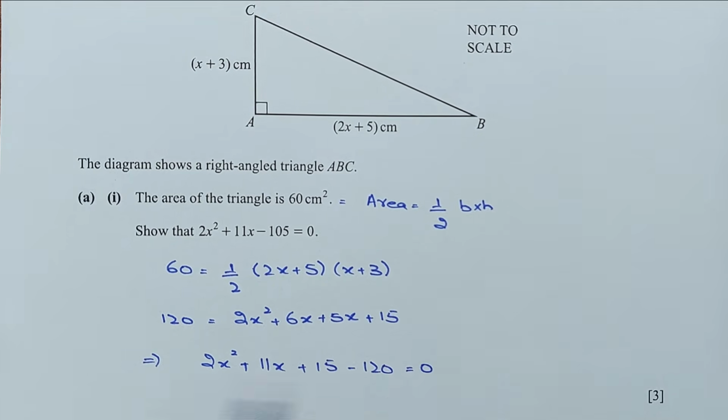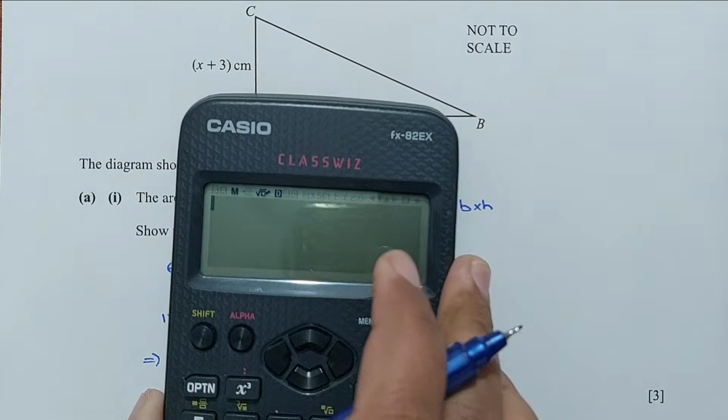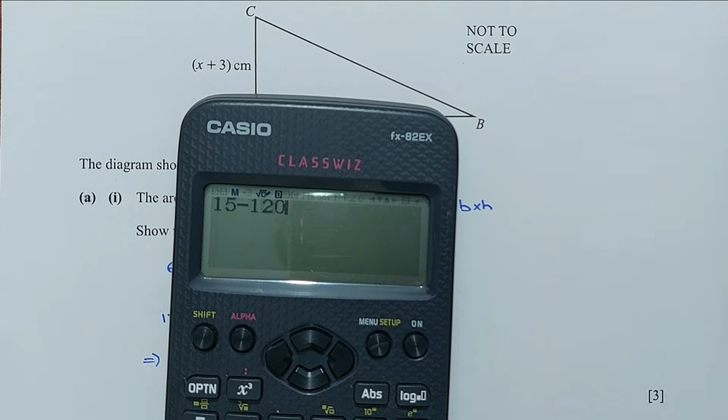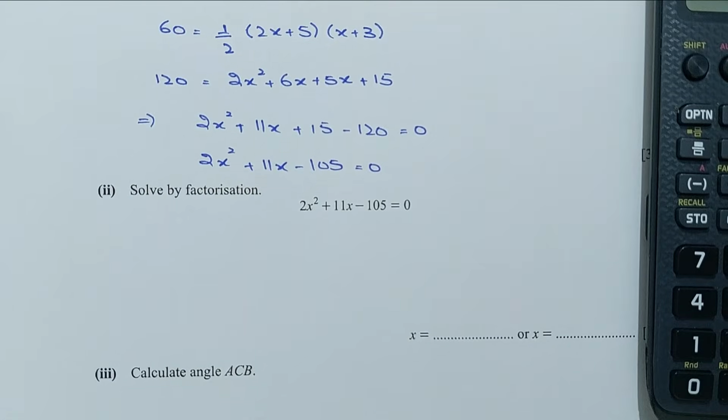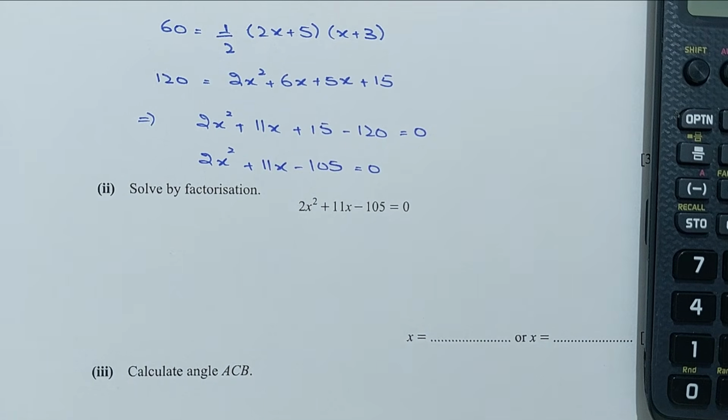This should be equal to 0. Okay, 15 minus 120 is minus 105. 2x square plus 11x minus 105 equals 0. So it is proved. Now for the second part, solve by factorization.